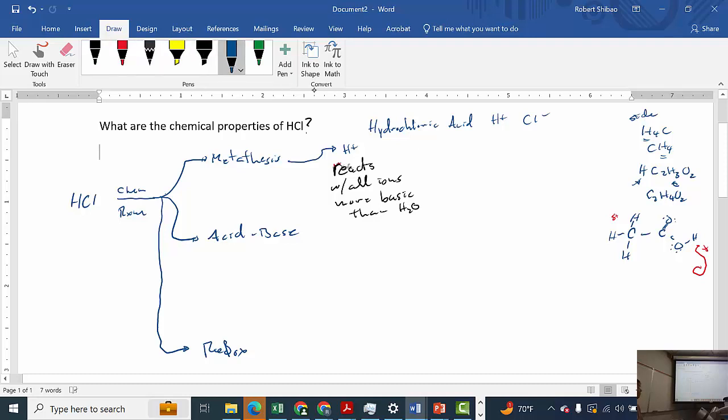Okay. And so what types of metathesis reactions does chloride undergo? Chloride, we have to think. Metathesis is going to involve gas formation.